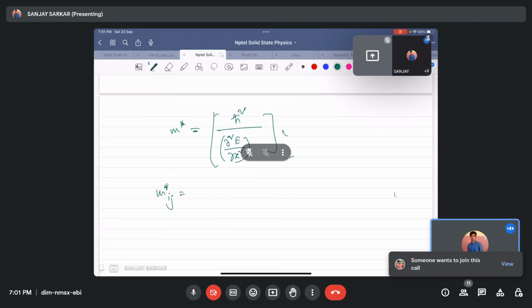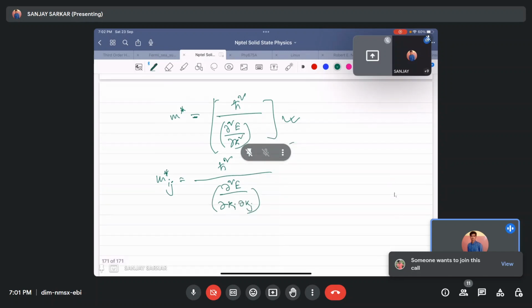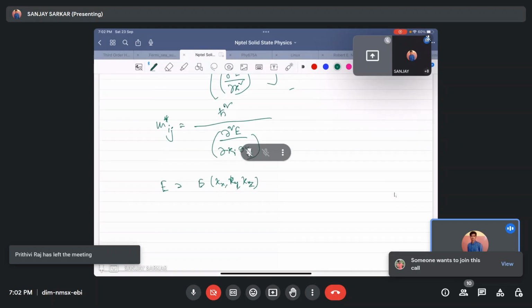So this is for the isotropic case, but if it is not isotropic, then it is del 2 E del ki del kj. So you will be given energy dispersion in terms of, let's say, kx, ky and kz. Then you will get a matrix. For 3-dimensional case you will get a 3 cross 3 matrix.